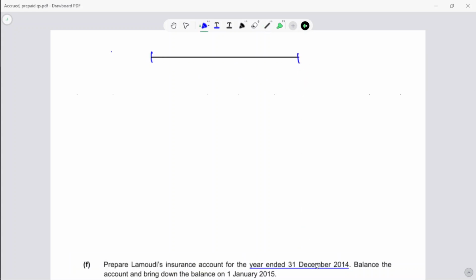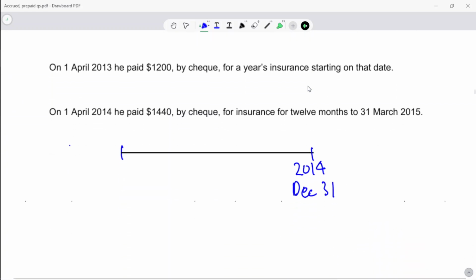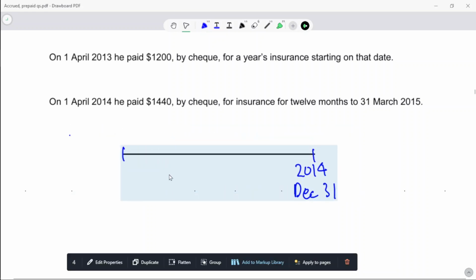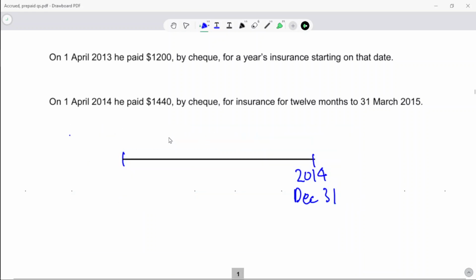Year ended 31 December 2014. One year before, no, one day after. Our year end is December 31, so the year start will be Jan 1.